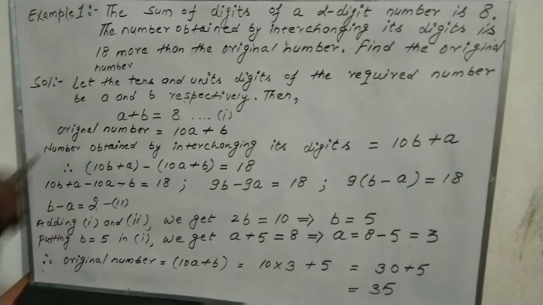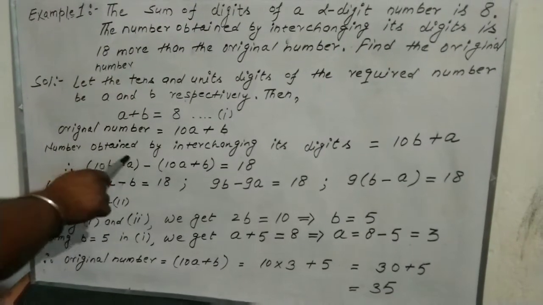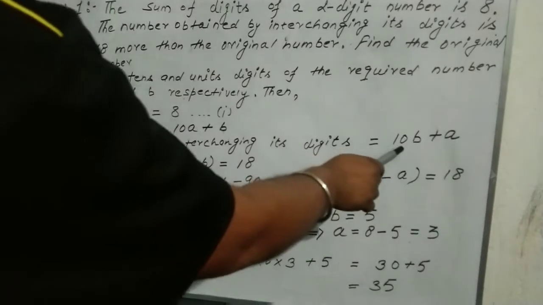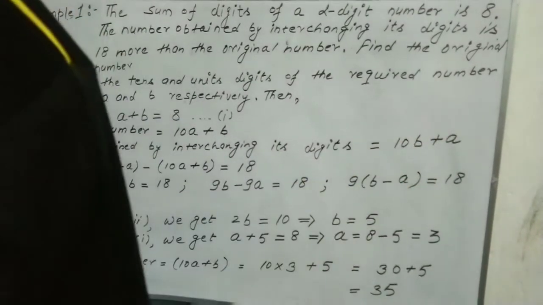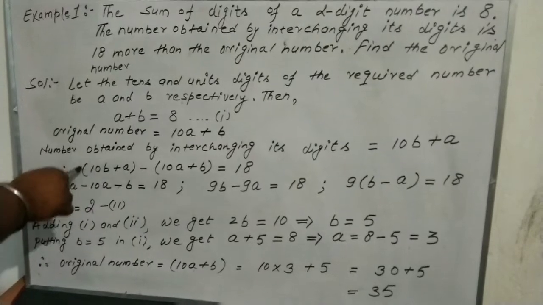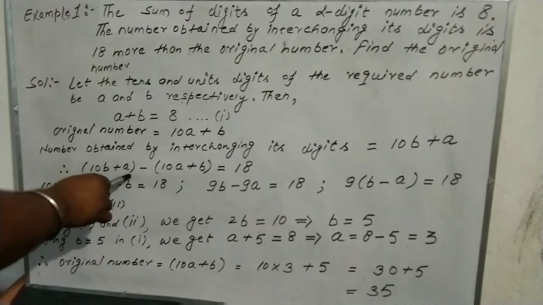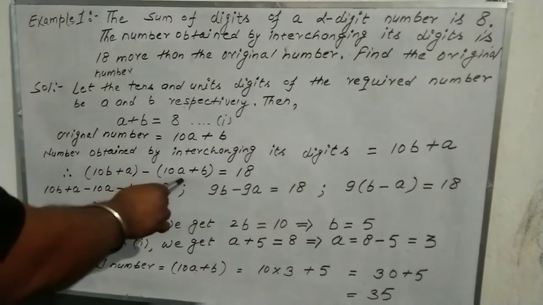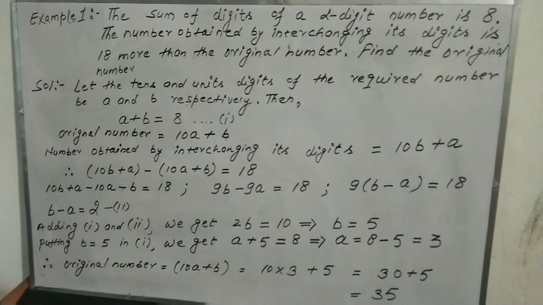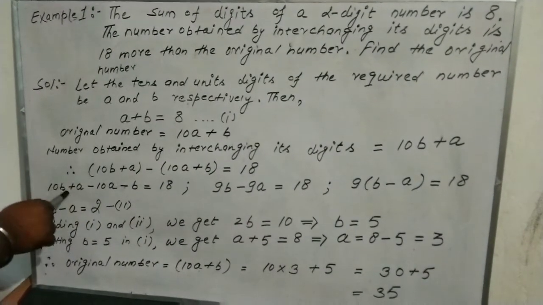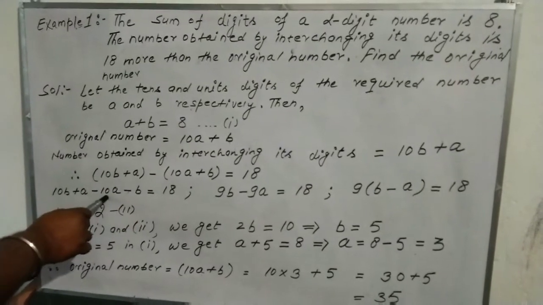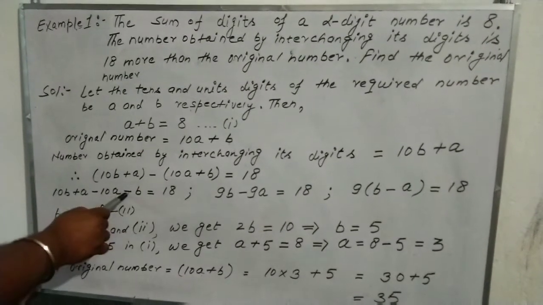In the next step, according to the question, the number obtained by interchanging its digits is equal to 10B plus A. Therefore, according to the question, (10B plus A) minus (10A plus B) is equal to 18. In the next step, 10B plus A minus 10A minus B, since minus times plus is minus.